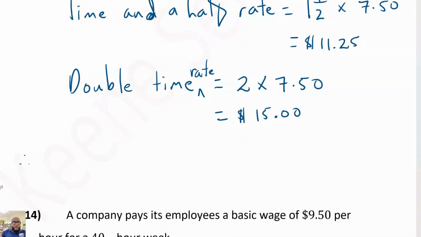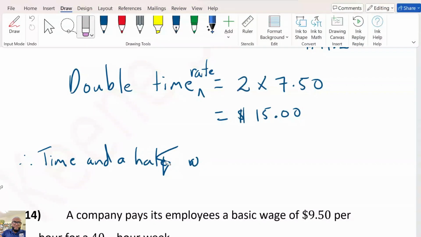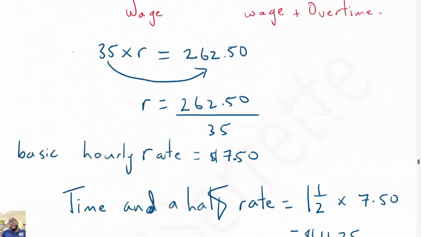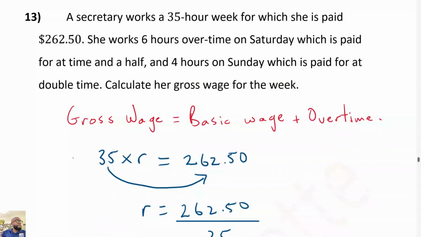So therefore, time and a half wage is equal to how many hours did he work in time and a half? 6.